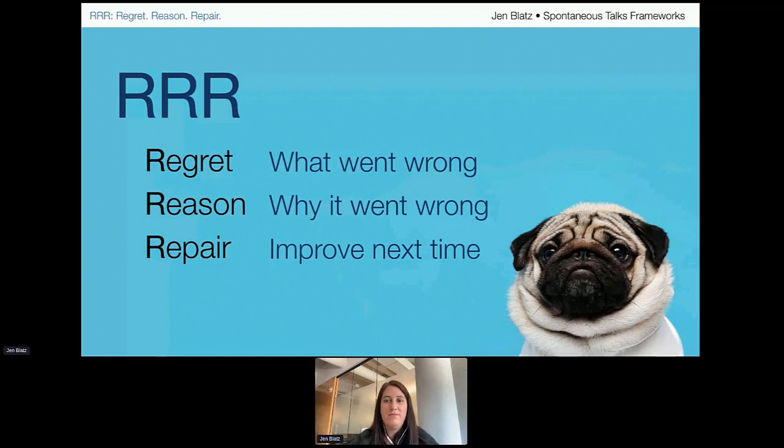And then I wrapped up with the solution, which was to move the button down and change it to orange so that it stands out on the page more and aligns with our styles. So yeah, you can even use spontaneous talk frameworks when you have to squirm out of a negative situation and give some bad news.